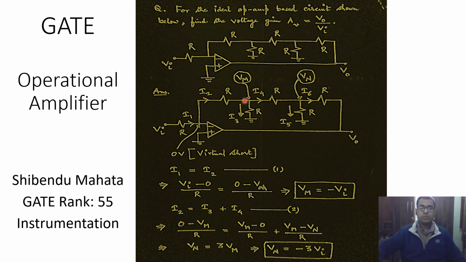So we know that I2 is equal to 0 minus Vm by R. I3 should be equal to Vm minus 0 divided by R, and the current I4 will be equal to Vm minus Vn divided by R. And from here we find that Vn is equal to 3 times Vm, and Vm we had already derived to be negative of Vi, and therefore Vn is negative of 3 times Vi. So voltage at this node is basically 3 times the voltage at this node.